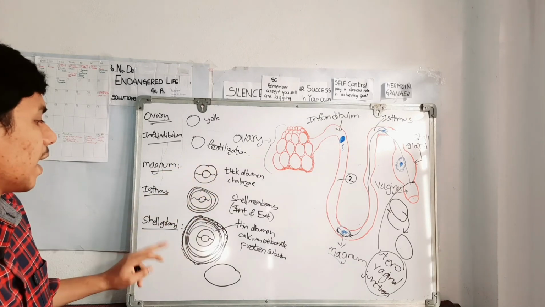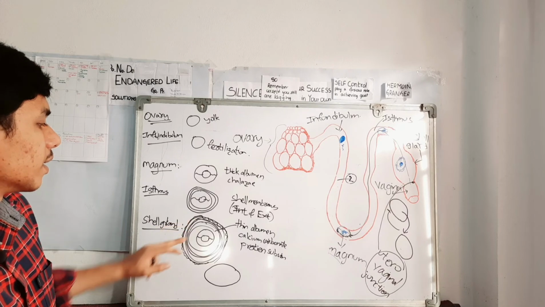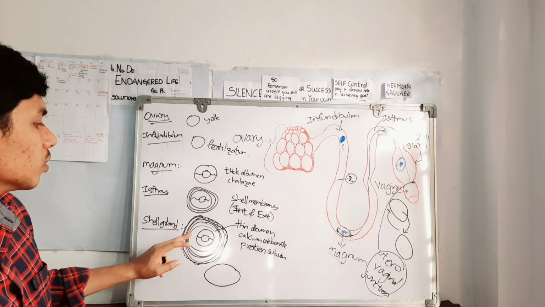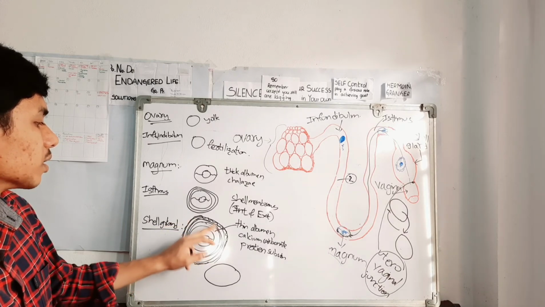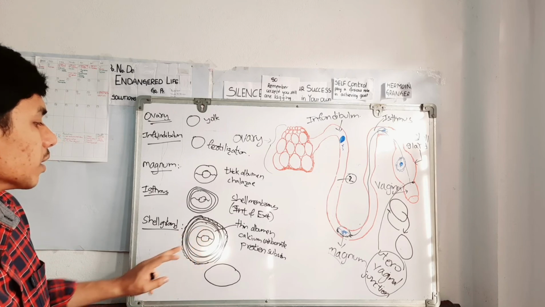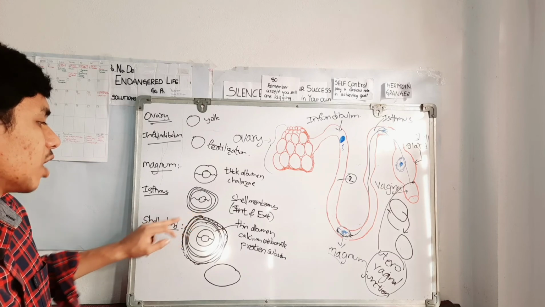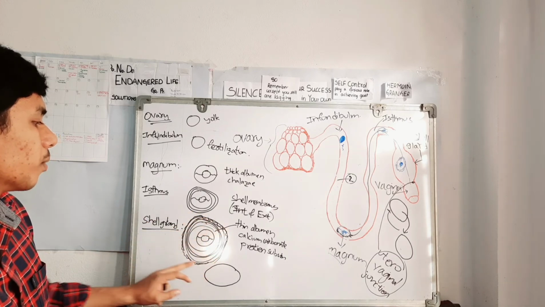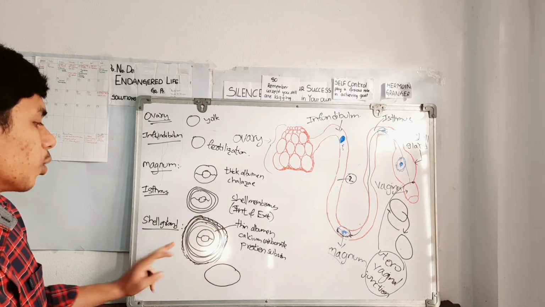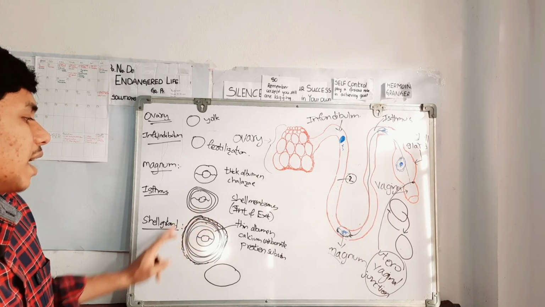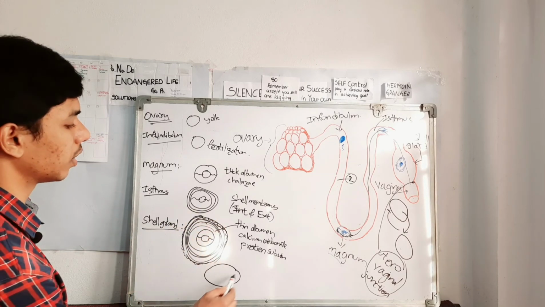In the shell gland, thin albumen is secreted, and the thin albumen moves towards the thick albumen surrounding the yolk through the shell membranes through osmosis, and the calcium carbonate shell is formed around the yolk, and the protein substance is deposited on the calcium carbonate, and the egg looks like this.